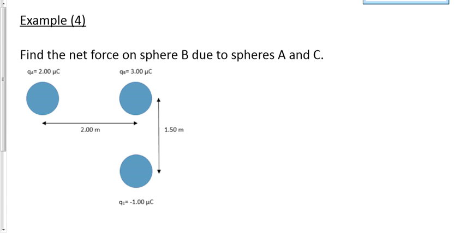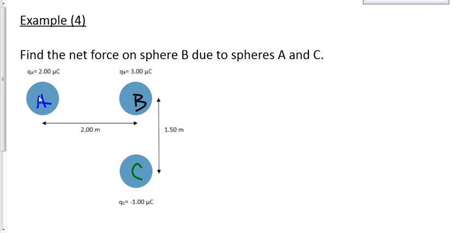Let's draw the free body diagram. Let's call this A, this one C, and this one is B. The net force on B due to A and C. Let's look at A and B first. A and B, they are like charges, right? If they're like charges, they're going to, Sydney, what?